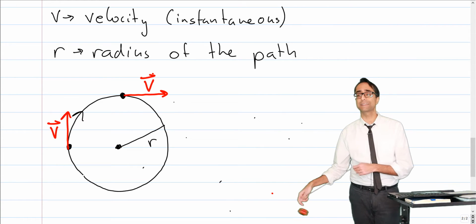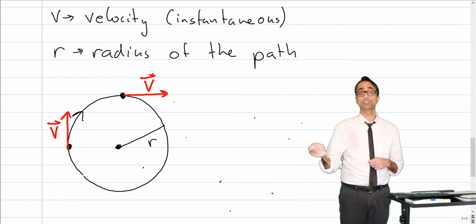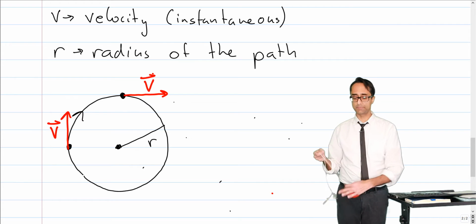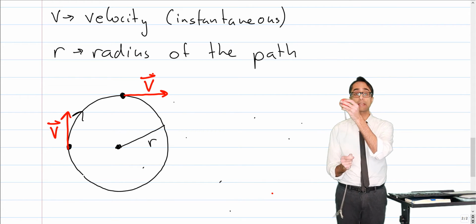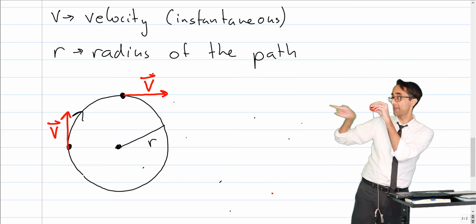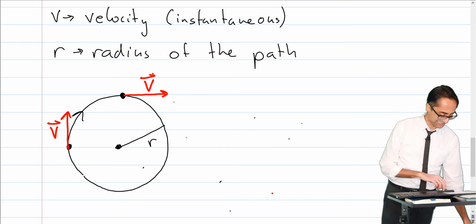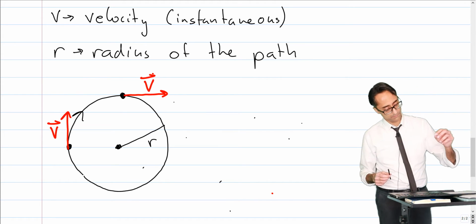And what that means is if I was to, let's say, cut the string, it's going to end up moving tangent to the circle wherever it is. So for example, if this is spinning around and it gets up here and I let it go, or the string breaks or whatever, it's going to go out in a straight line that way. All right, and that's what that instantaneous velocity value implies.